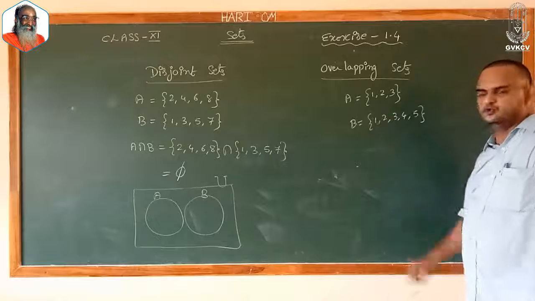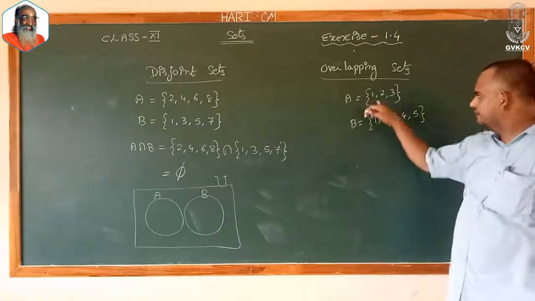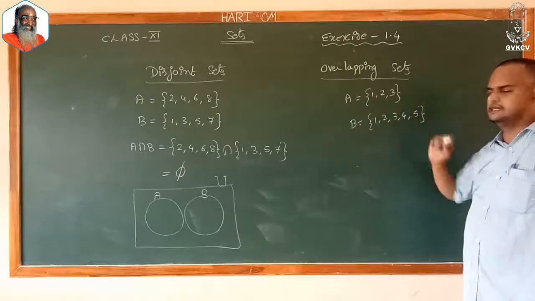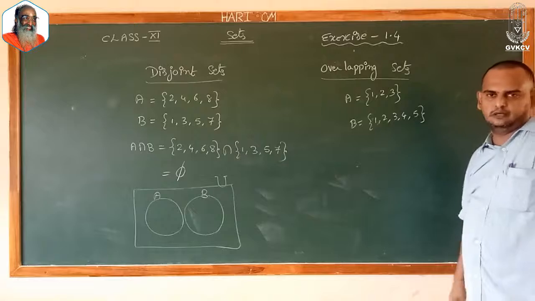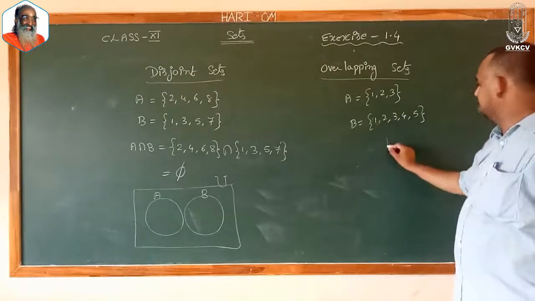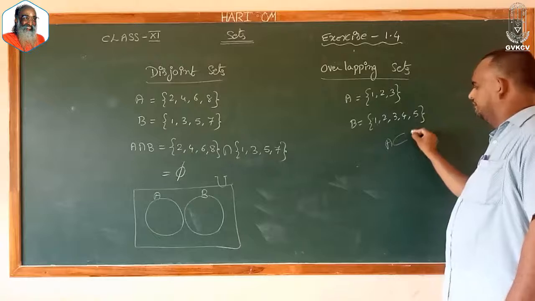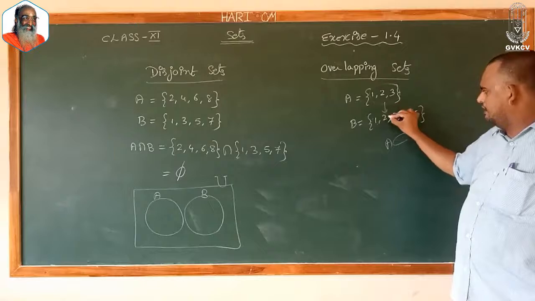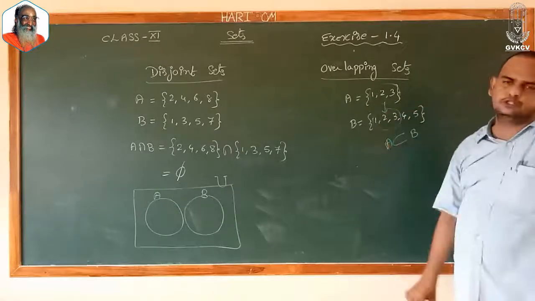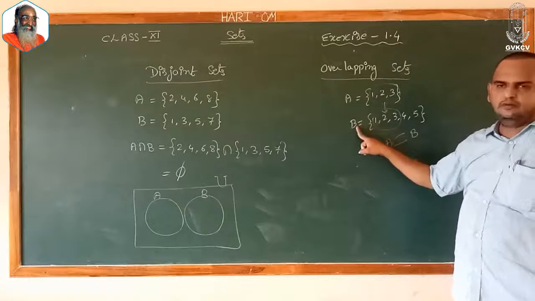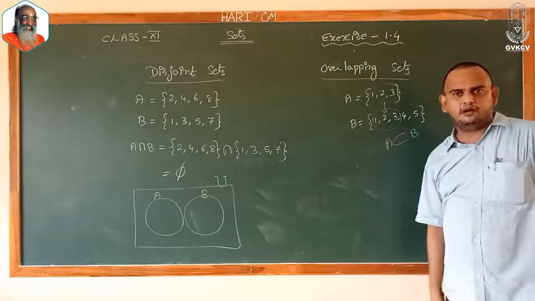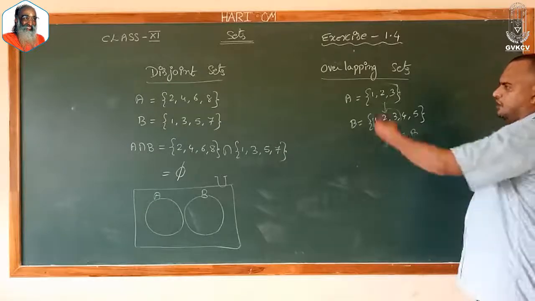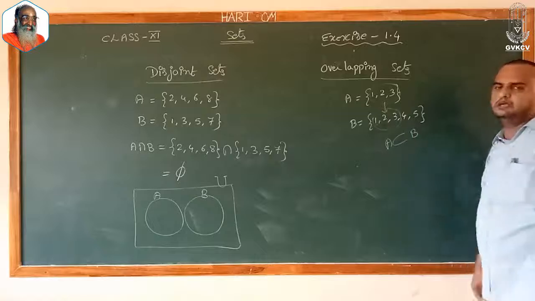When we observe these two sets, we have elements 1, 2, 3 in A and 1, 2, 3, 4, 5 in B. Here I can say that A is a subset of B, which means all the elements of A are present in set B also. A is a part of B. These kinds of sets are called overlapping sets.